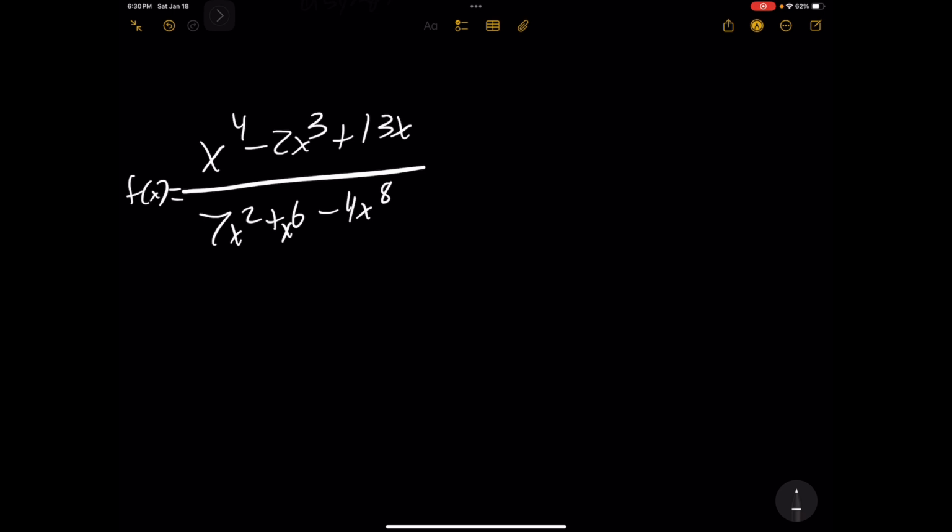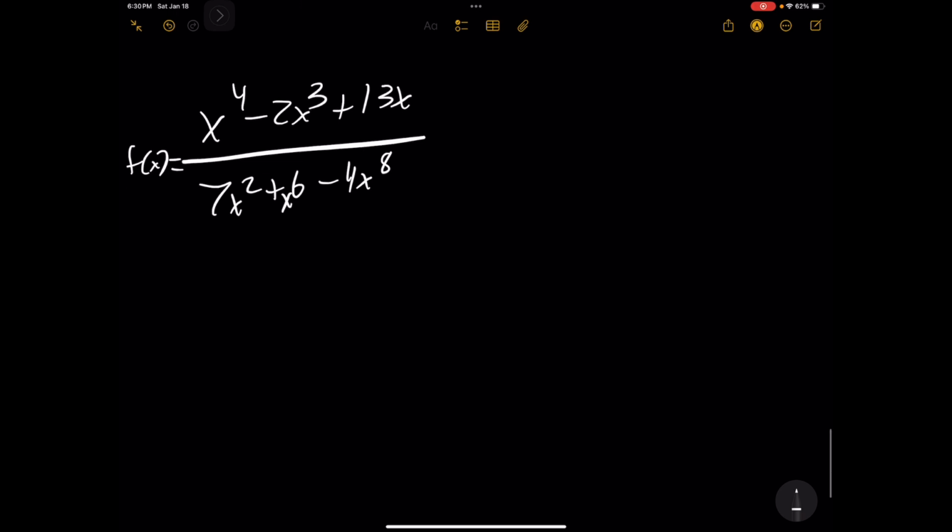Now I want to know what the limit as x goes to infinity and the limit as x goes to negative infinity is of this function. So let's start with the limit as x goes to infinity. We are going to need the terms with the highest power from the top and bottom. From the top, it looks like that's going to be x to the 4th. On the bottom, it looks like it's going to be negative 4x to the 8th.